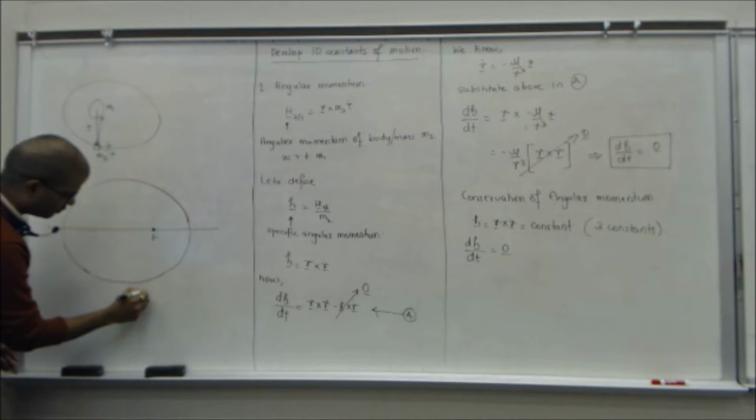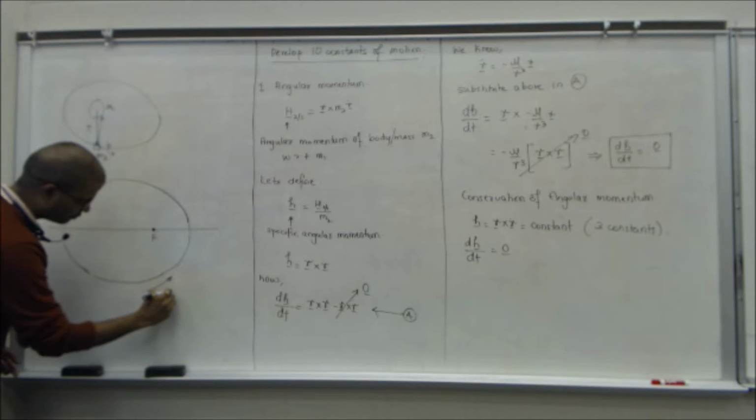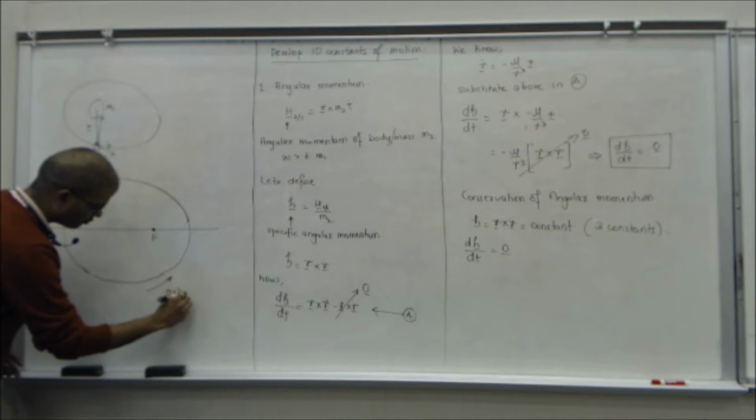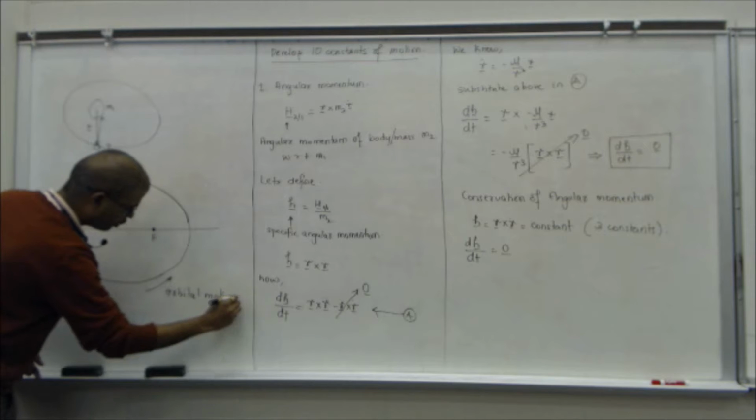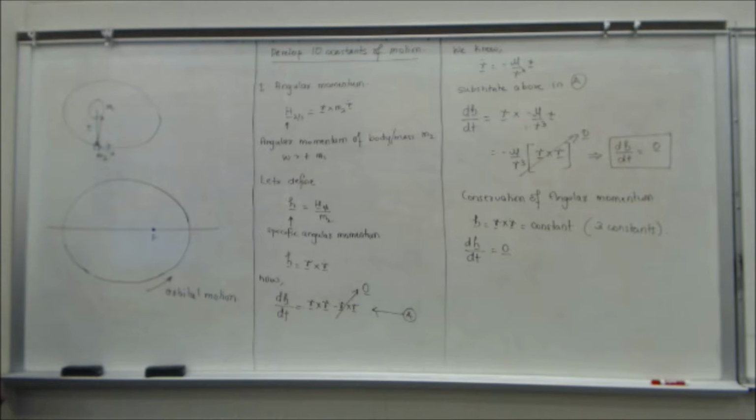And this is the orbital motion direction. If I don't give you an orbiting body here, it shouldn't bother you, because an orbit will not exist without an orbiting body.